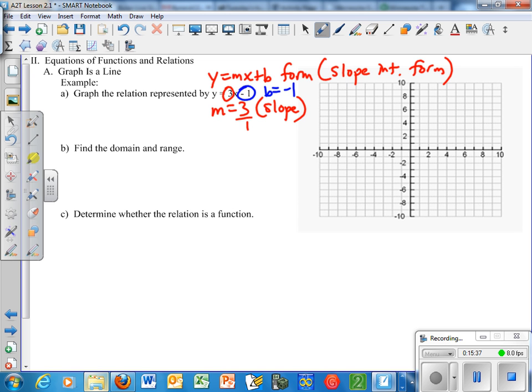So when you're plotting these, there's kind of 2 steps. If you have it in slope-intercept form, instead of making tables, which are very time-consuming, plot the y-intercept as your first step. So our y-intercept is -1. We're going to plot -1. And then use the slope to find your next point.